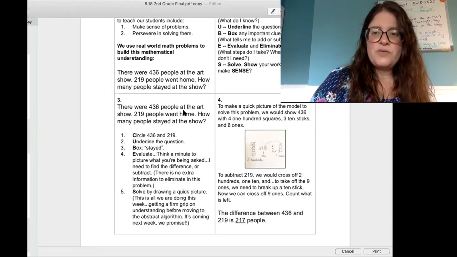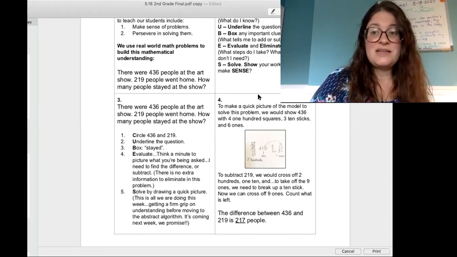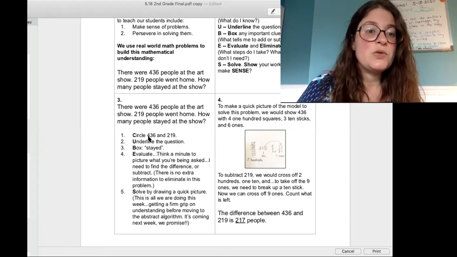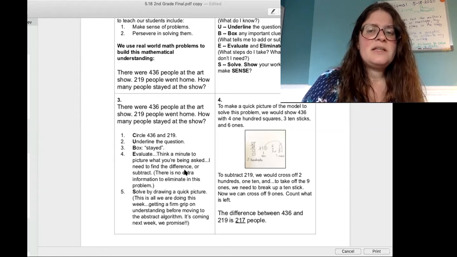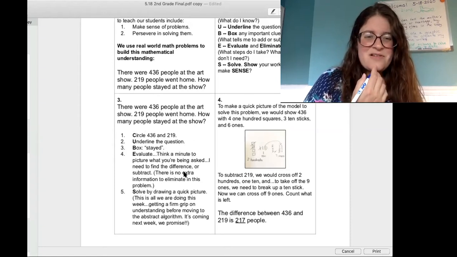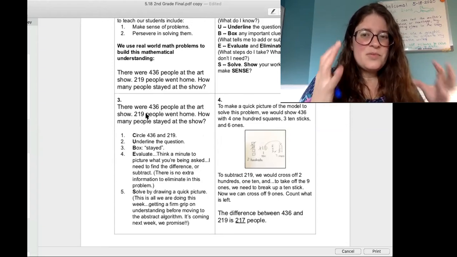And I always reread a story problem. I read it once and then I go back and do these things because that will help you make sense of what to do. Then it says to underline the question. How many people stayed at the show? So then you're going to think about, what does that mean? What are they asking for? Like, do they want me to know these numbers all together?